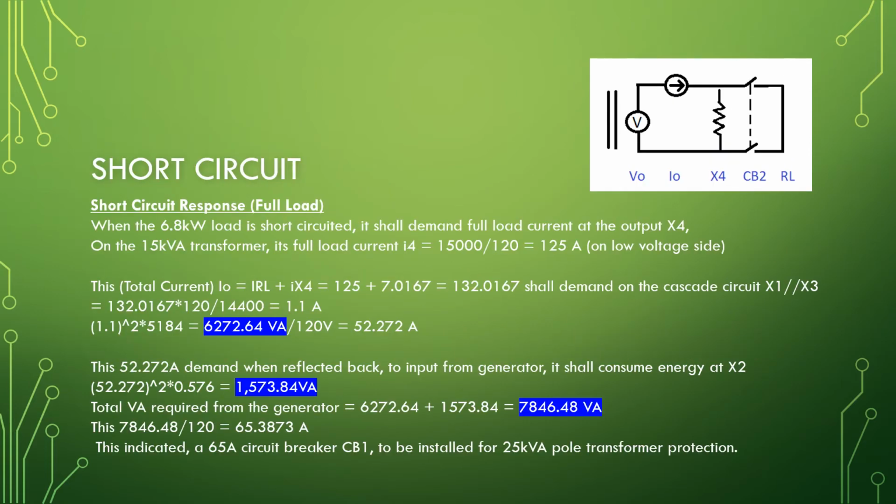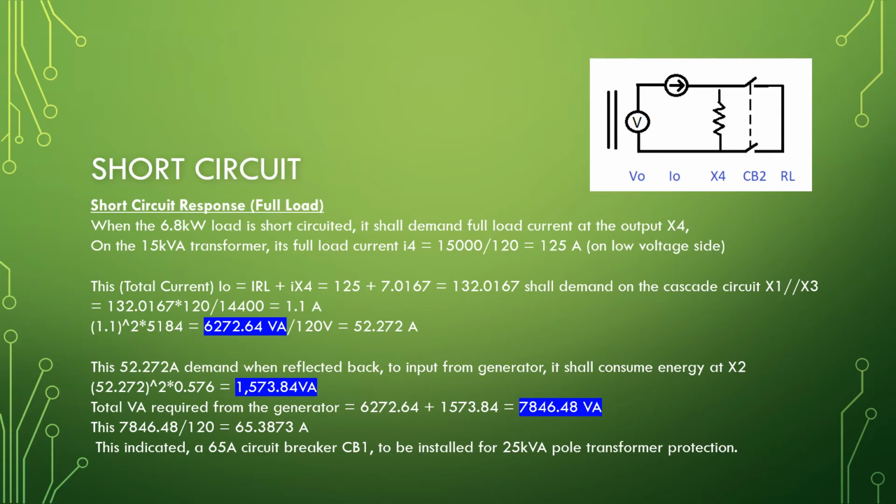Short circuit response full load. When the 6.8 kilowatt load is short circuited, it shall demand full load current at the output X4. On the 15 kVA transformer, its full load current I4 equal to 15,000 divided by 120 equal to 125 ampere on the low voltage side.